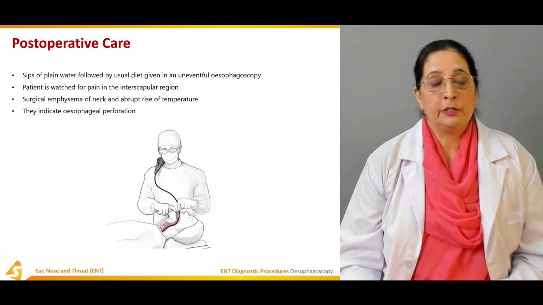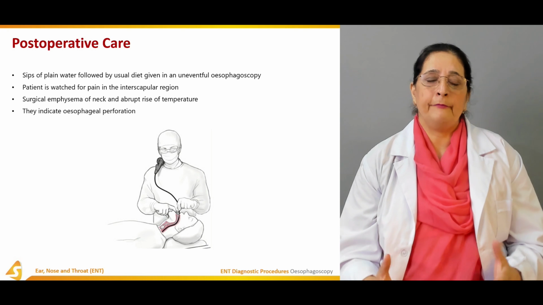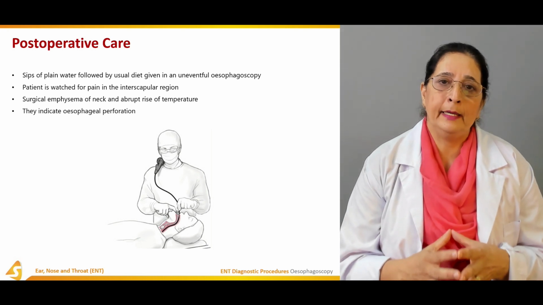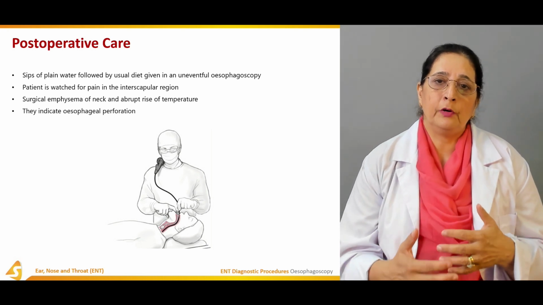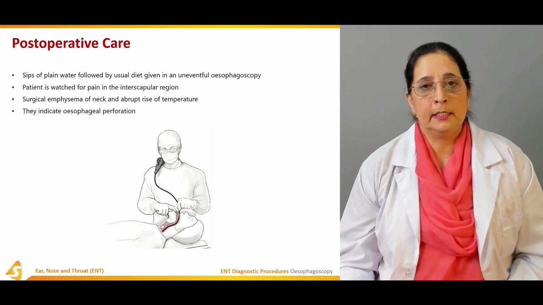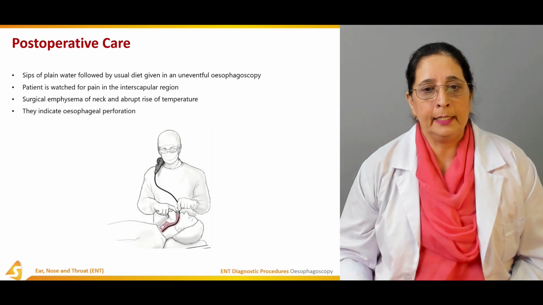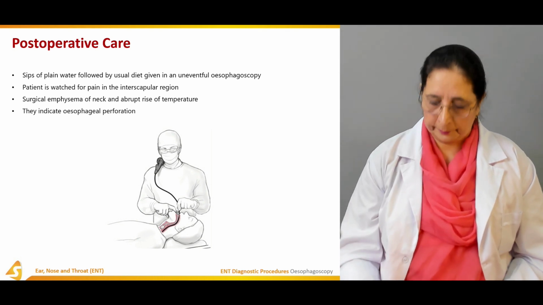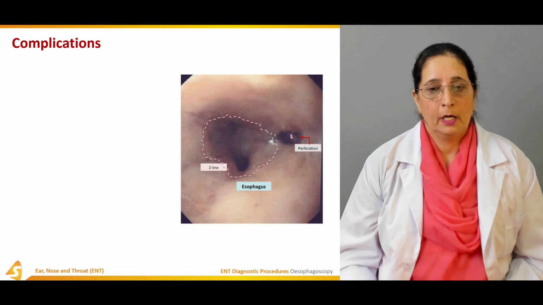They indicate esophageal perforation. Emphysema means entry of air; with rupture of the esophagus, air entry causes surgical emphysema with swelling in the neck, and there is a rise of temperature.